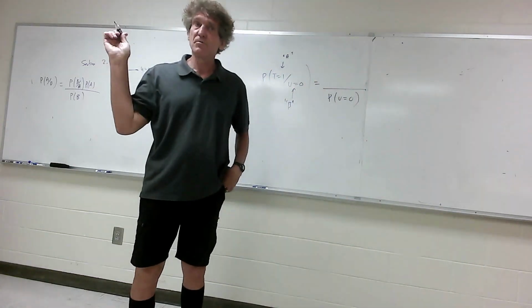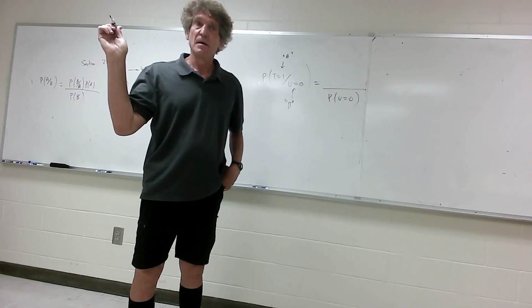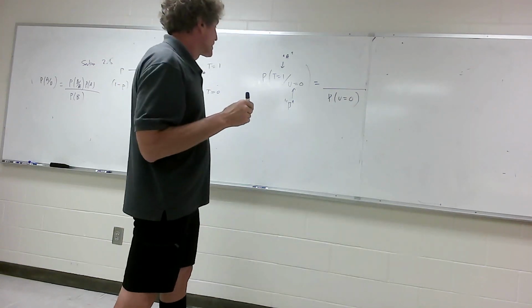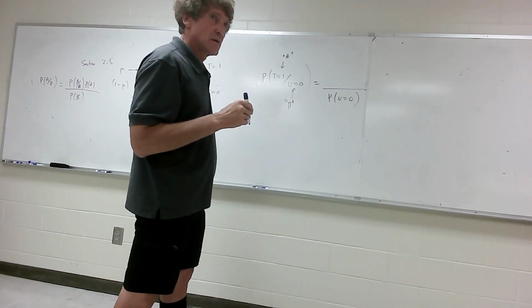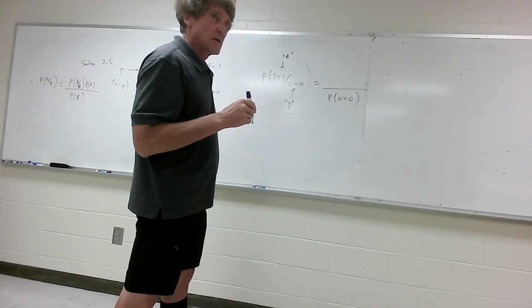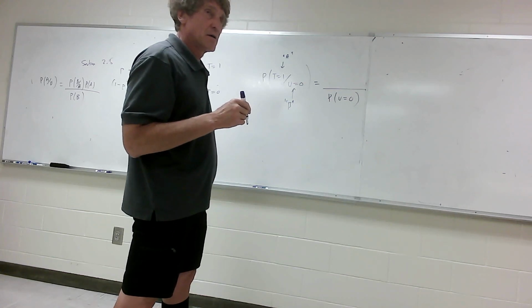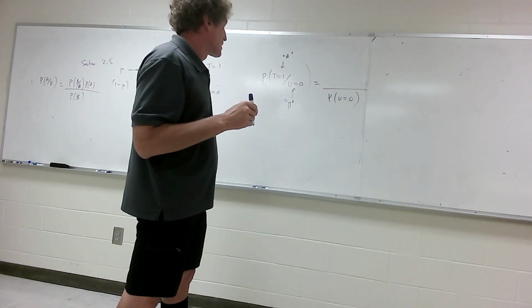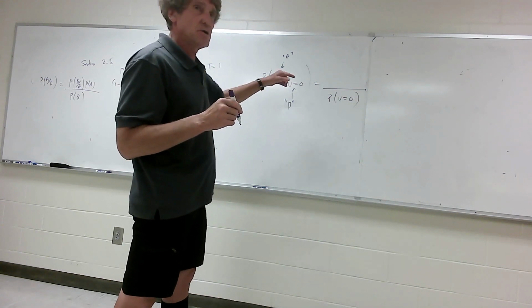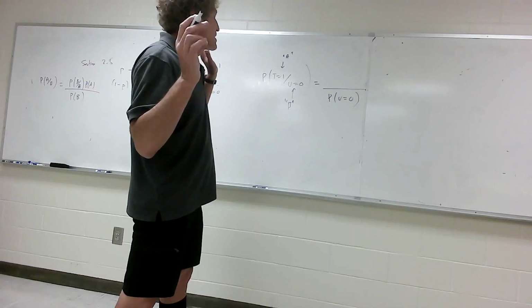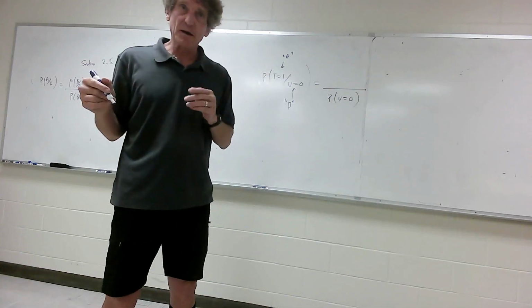You all follow? He's got the T and the U flipped in the textbook, where it's like U equals 1 given T equals 1. I'm not sure if that's super. No, U equal 1, T equal 1 is a different thing. Or U equals 0 given T equals 1 instead of T equals 1 given U equals 0. He's just got the A and the B. He wants this. I'm saying the user fails. So U is not a user, but the drug test comes out positive.